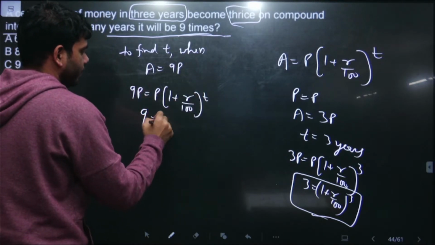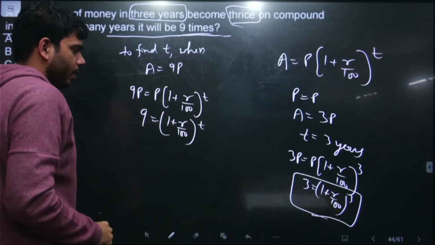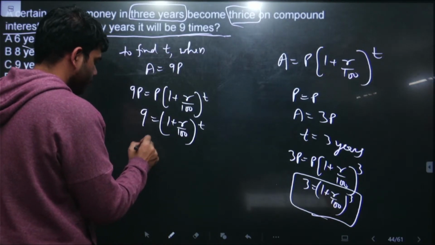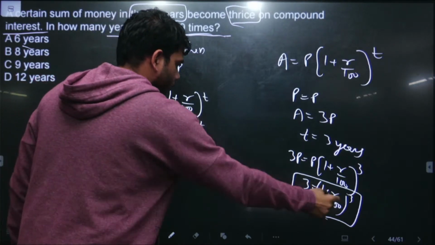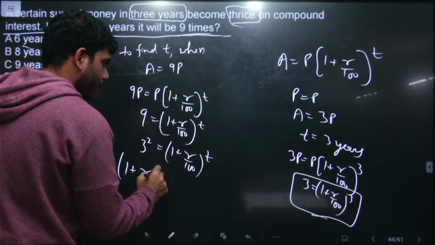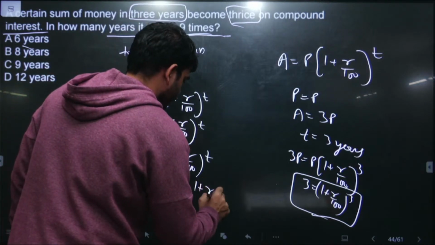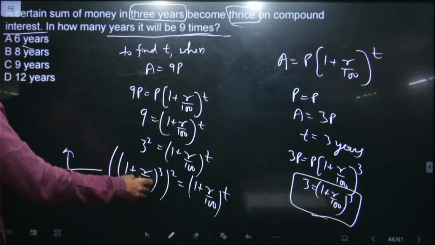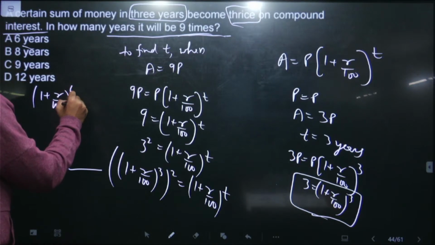Cancelling P with P, 9 is 1 plus R by 100 raised to the power T, and we know 3 is this thing, so 9 we can also write as 3 squared. And 3 we can write as 1 plus R by 100 raised to the power 3, and this complete thing raised to the power 2, that is 1 plus R by 100 raised to the power T. And this thing we can write as 1 plus R by 100 raised to the power 6.